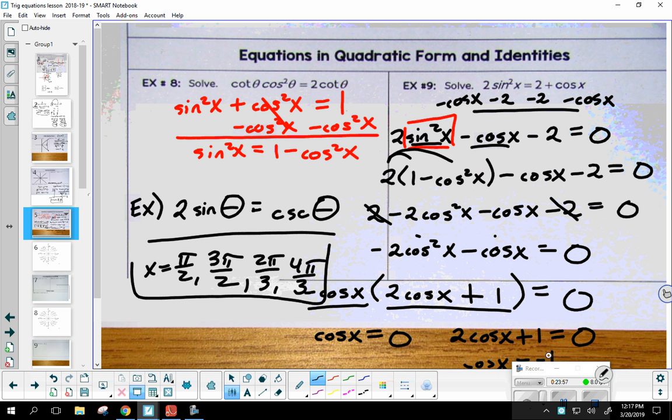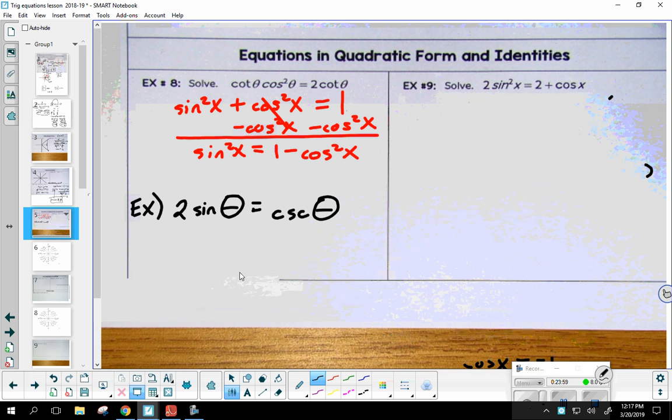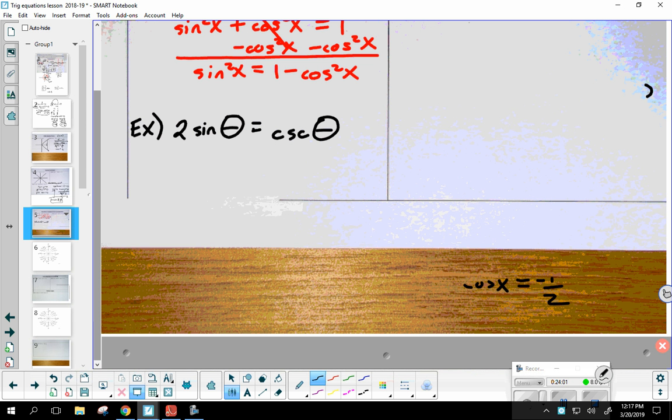Let me give myself some room here. Now, what identity do you think I could possibly be referring to if I wanted to make both of these the same trig function? Starts with an R. Reciprocal.